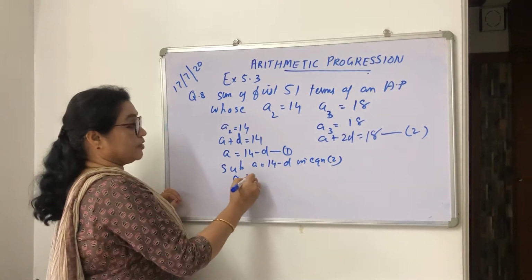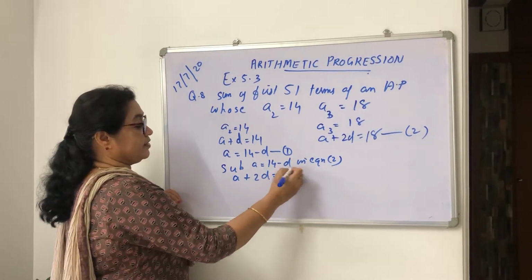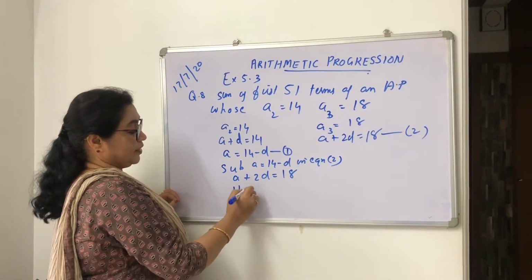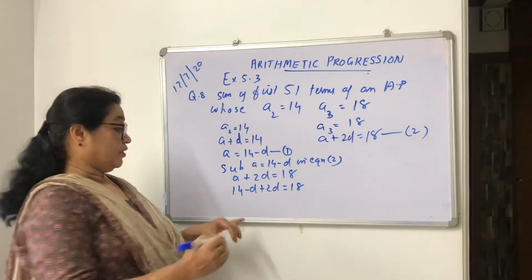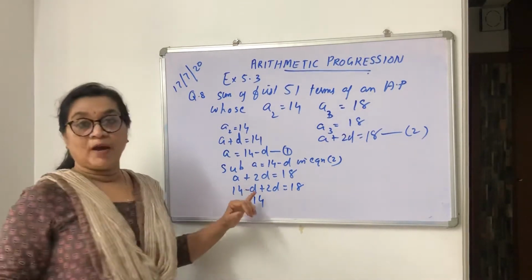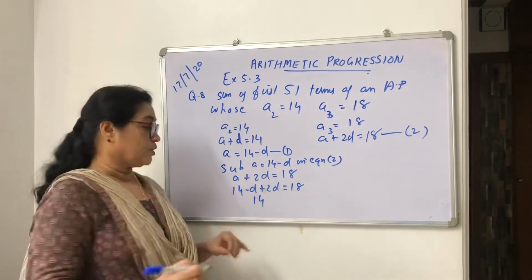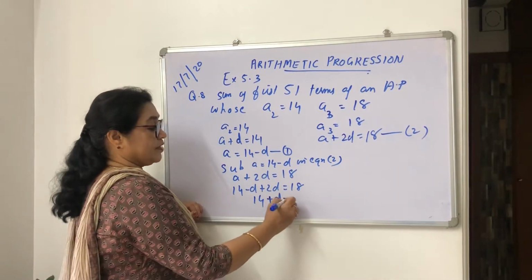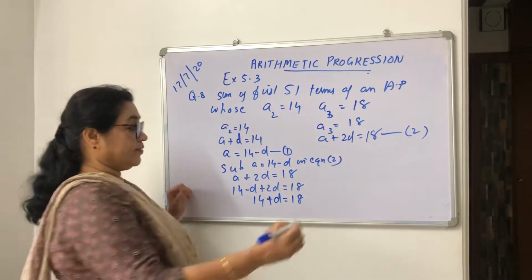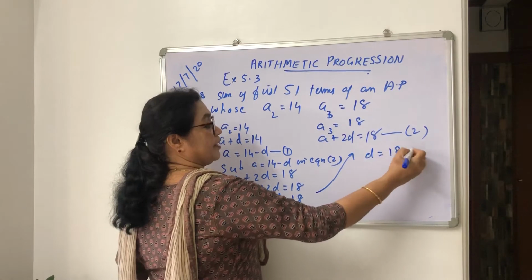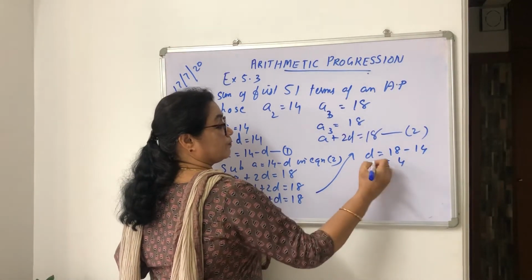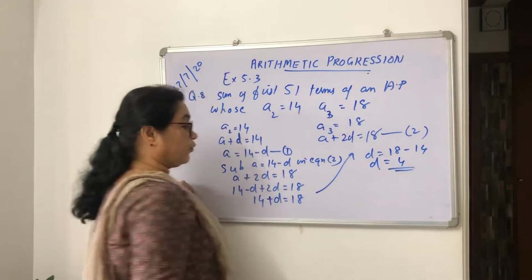That is, A plus 2D is equal to 18, so 14 minus D plus 2D is equal to 18. So 14 plus D is 18. Then D is equal to 18 minus 14, which is 4. D is equal to 4.